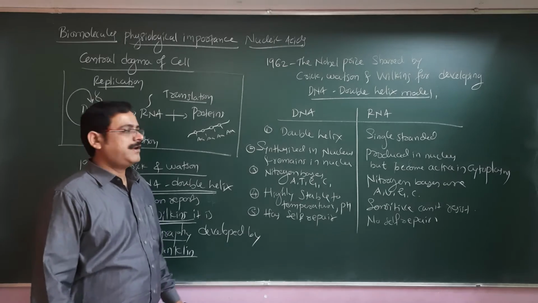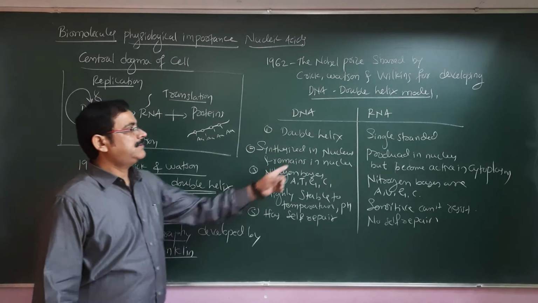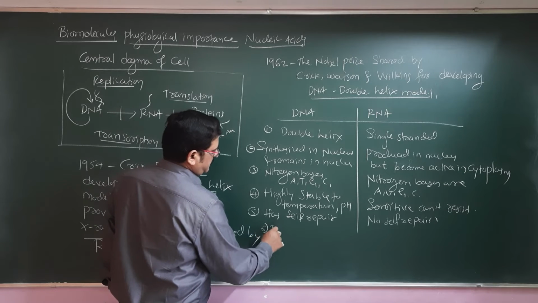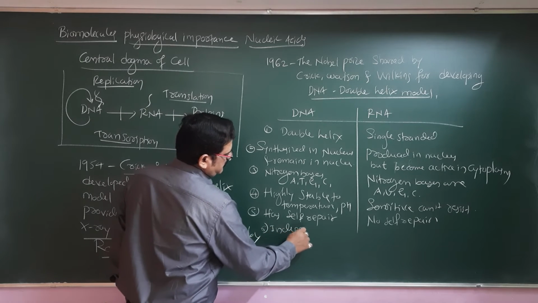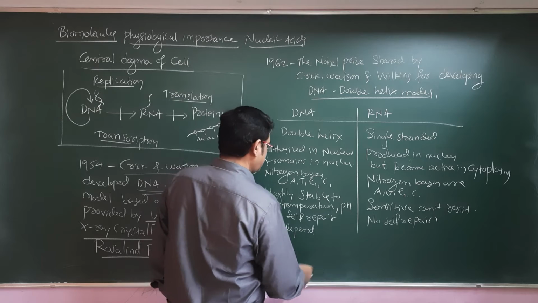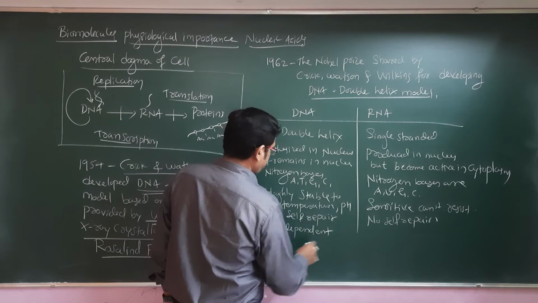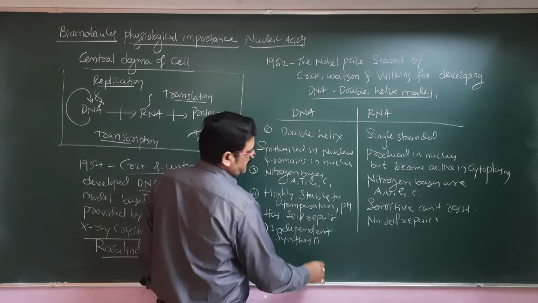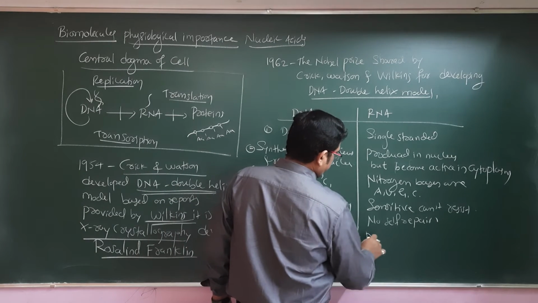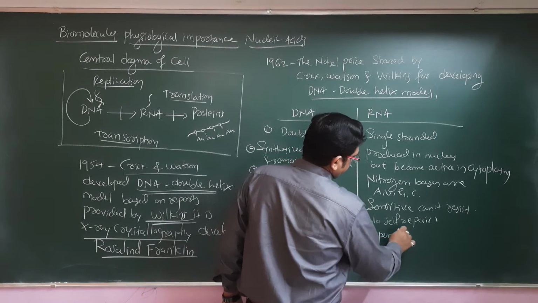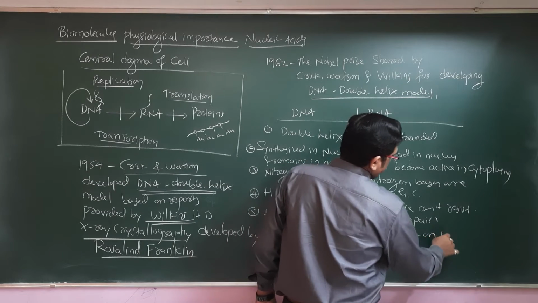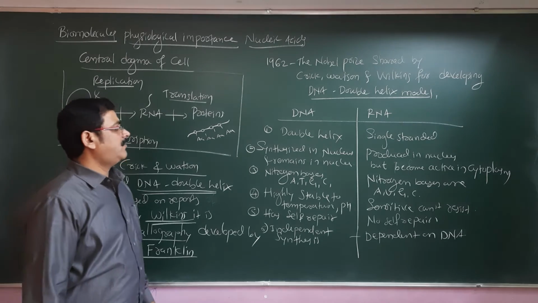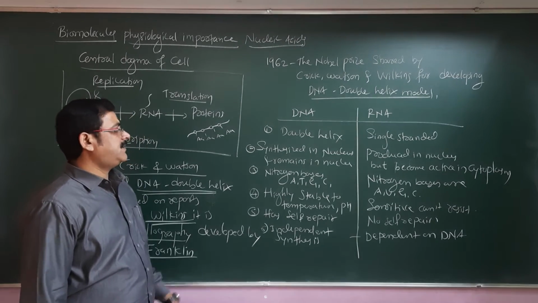Sixth difference: DNA is independent for its own synthesis, whereas RNA is dependent on the DNA for synthesis.